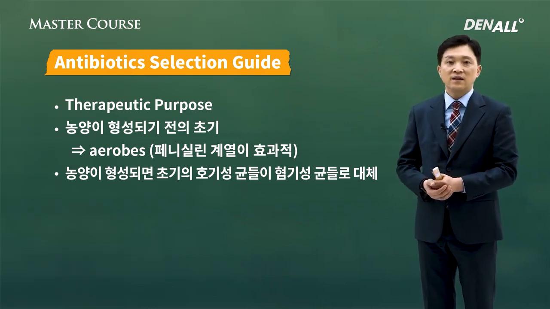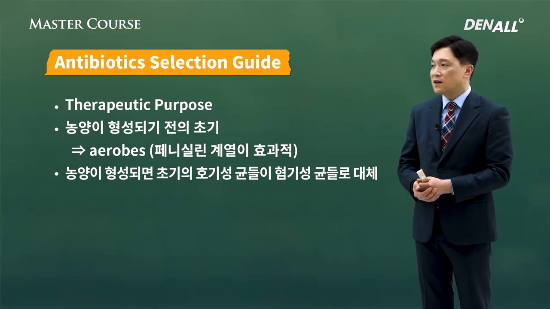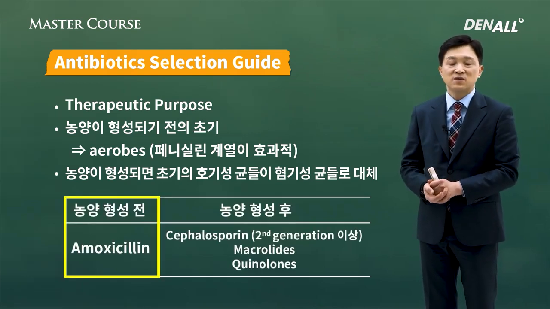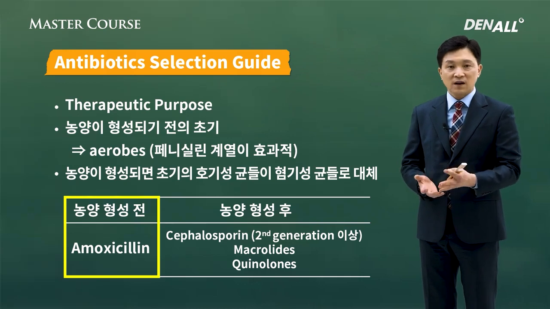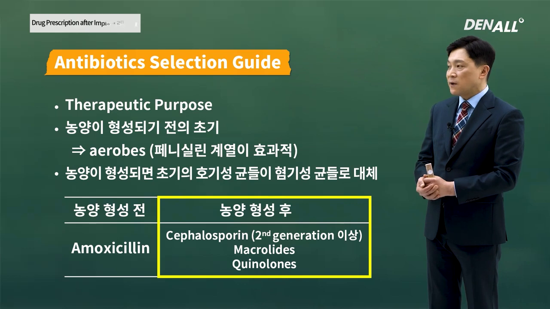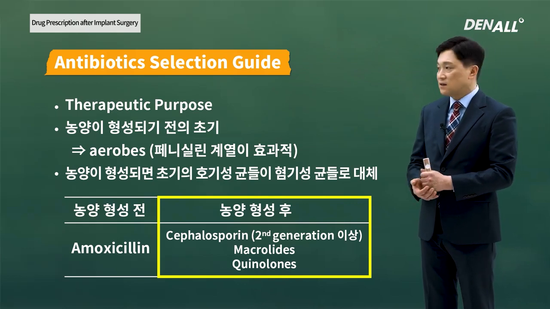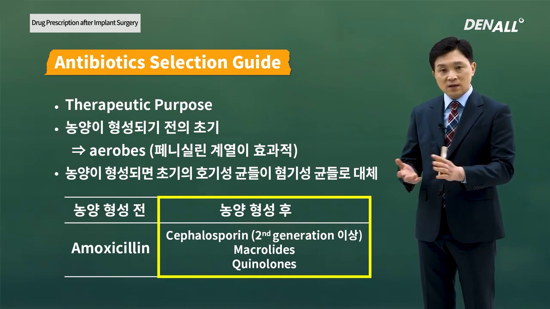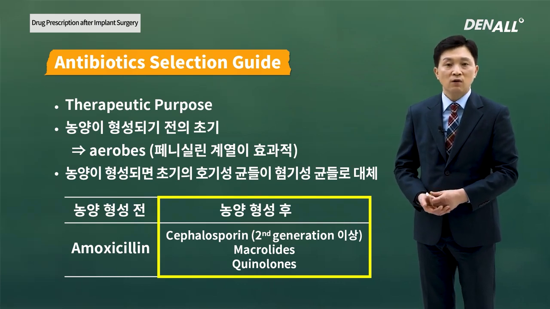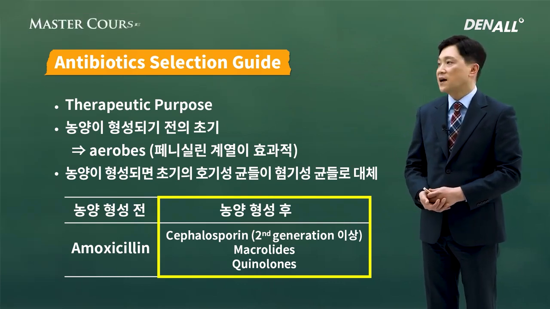Thus, to prescribe antibiotics for abscess at early stage, amoxicillin is desirable to be prescribed. After pus is formed, the drug needs to be changed to the second or higher generation cephalosporin, macrolides, or quinolone to control the patient's infection.